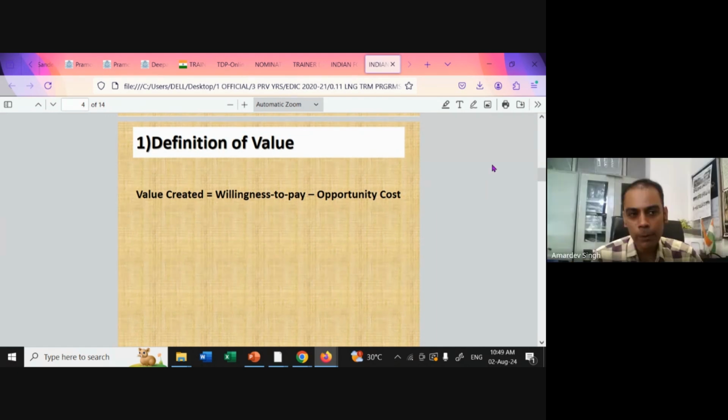One option may cost you maybe 15 kilometers 30 rupees, transport. Auto may cost 200 rupees, and car may cost, let us say, 300 rupees or 400. So which option you will choose? This is willingness to pay for a particular option minus opportunity cost. Opportunity cost means when exercising a particular choice, what benefits I would have accrued if I had exercised the alternative choice.